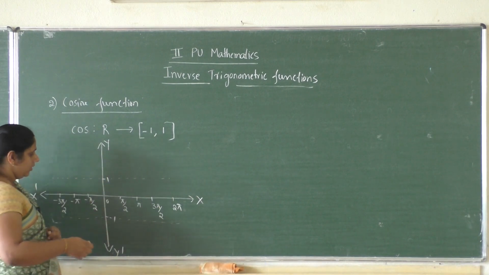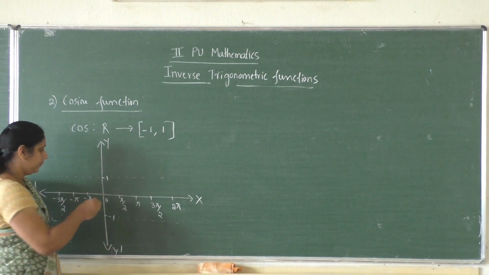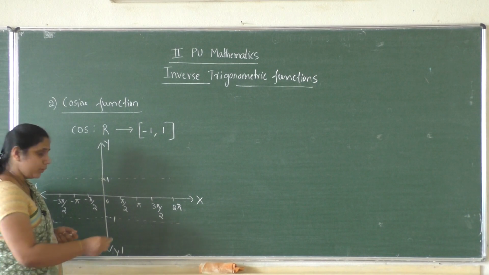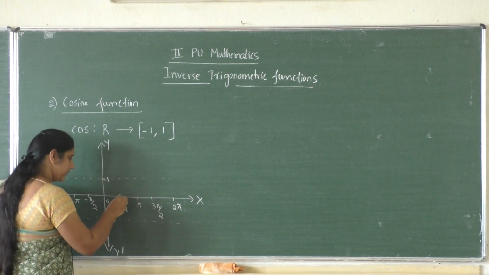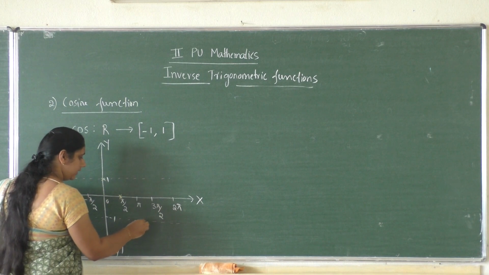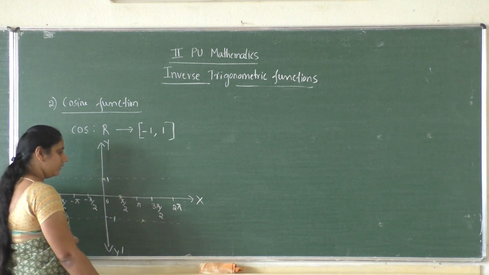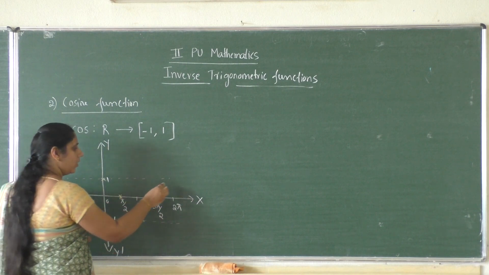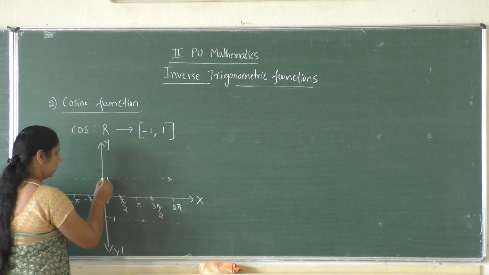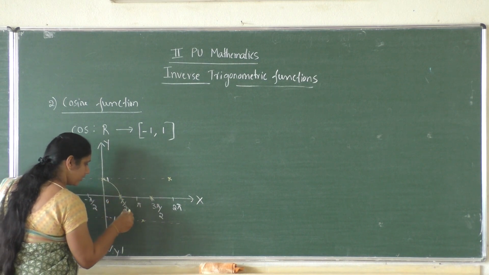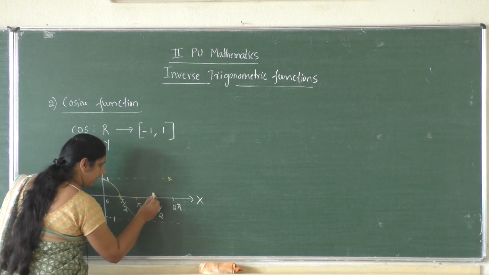What is the value of cos 0? It is 1. What is the value of cos pi by 2? It is 0. What is the value of cos pi? It is minus 1. What is the value of cos 3 pi by 2? 0. What is the value of cos 2 pi? 1. So join the points.